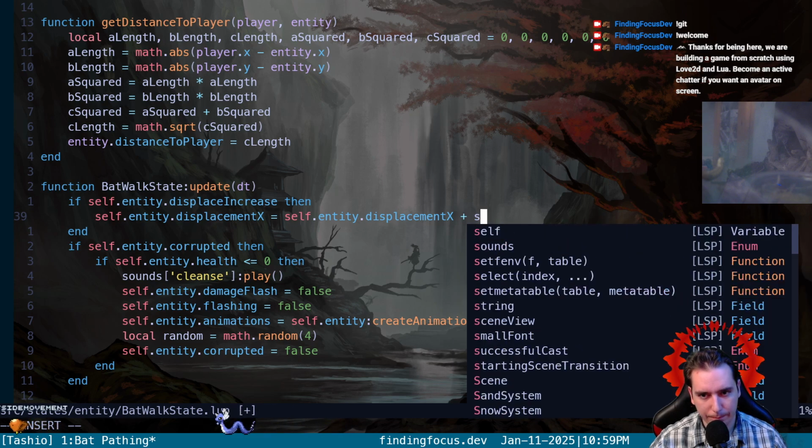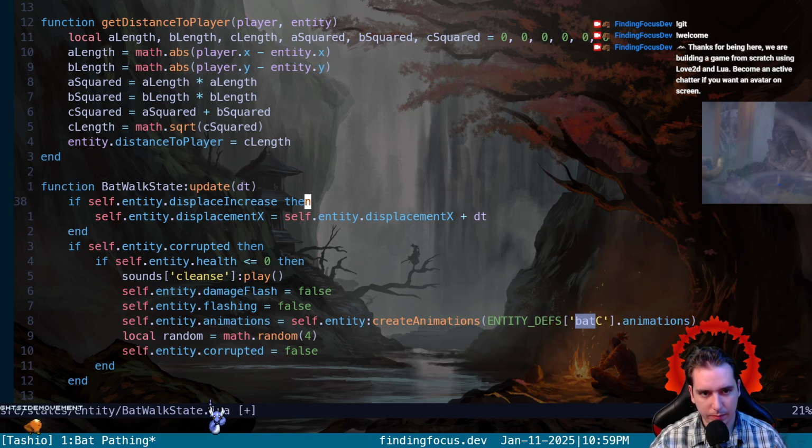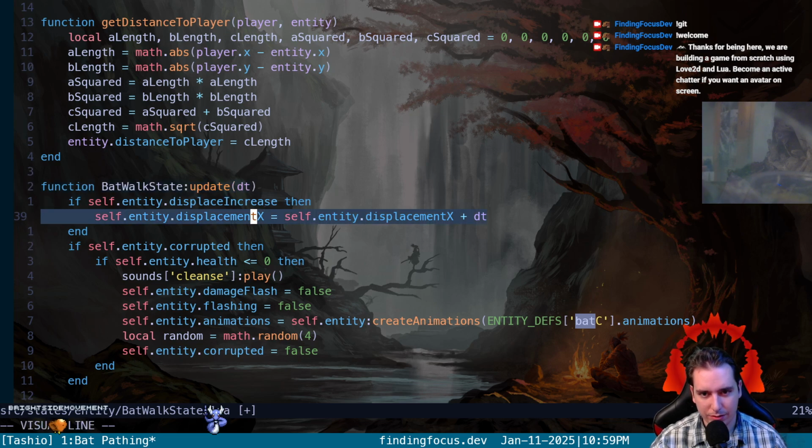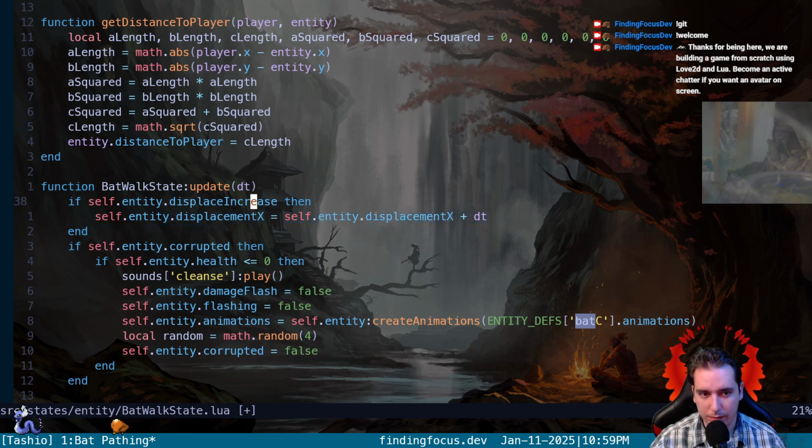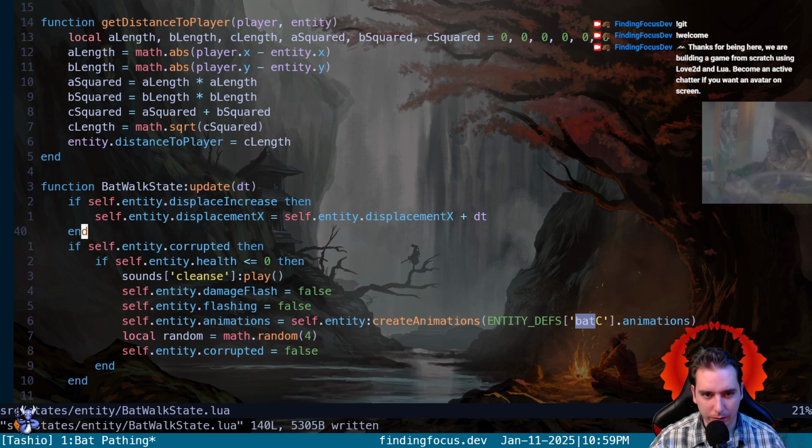So if we're increasing, then go ahead and just up our displacement x by delta time. And then once we get to the magnitude, then we can reset the flag down to displace decrease, and then work our way back down to 0. So we can hopefully get this kind of sinusoidal wiggle.